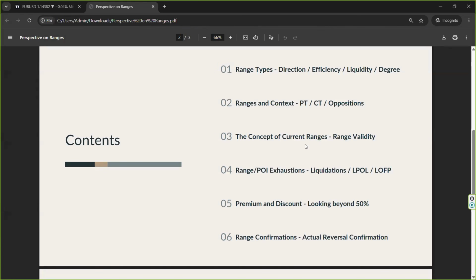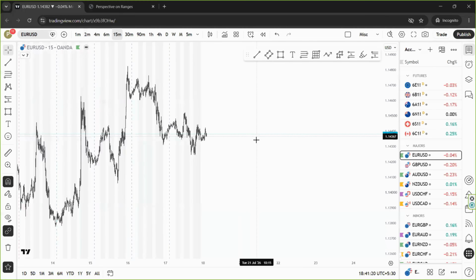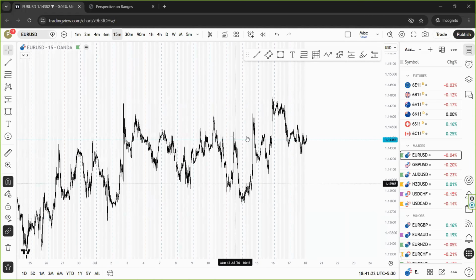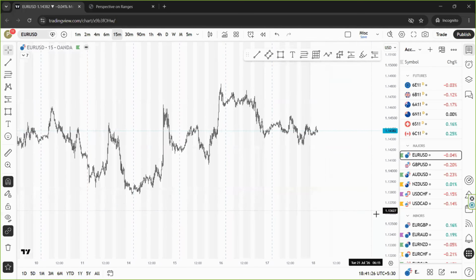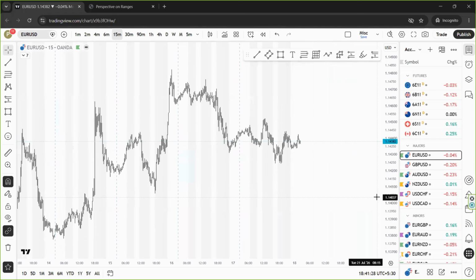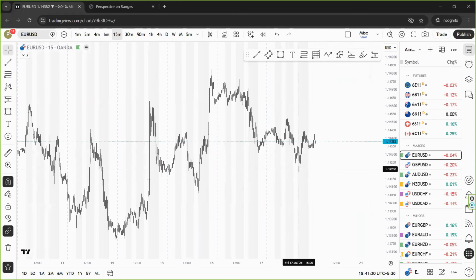And then you come to the concept of current ranges. A current range, as the name implies, is basically asking yourself which range is currently valid. When you look at a chart, you're going to understand that there are a lot of ranges, and the question is, which range is in play at the moment? Here, obviously, it's going to be fractal in nature.